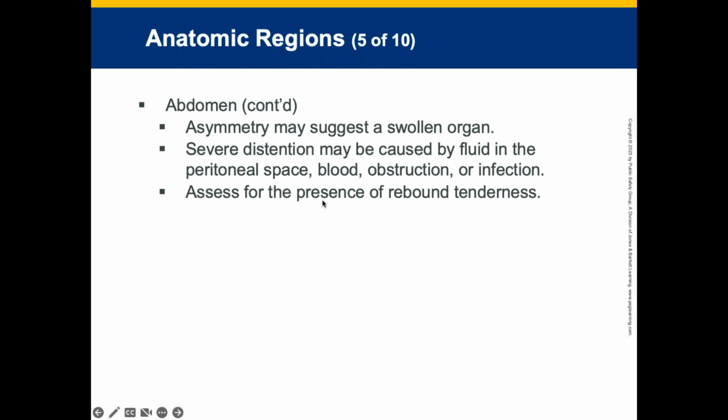Right, asymmetry may suggest a swollen organ immediately under the area that you find it. Severe distension may be caused by fluid in the peritoneal space, which is what they call ascites, which is usually blood, as in a slow leak from a rupture, obstruction, or a bowel blockage, or an infection like sepsis.